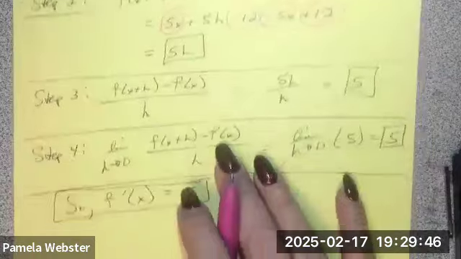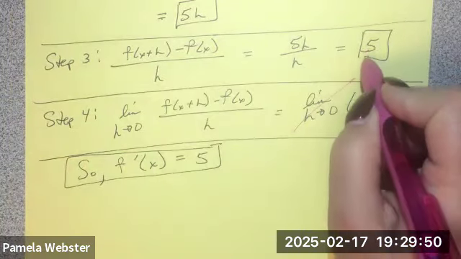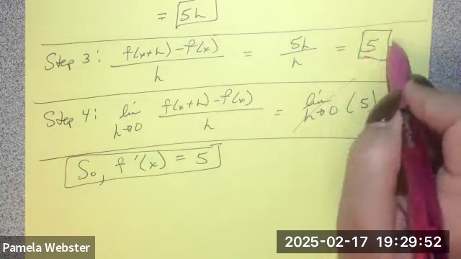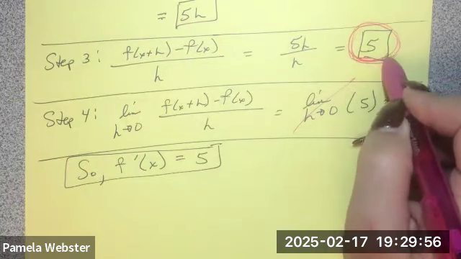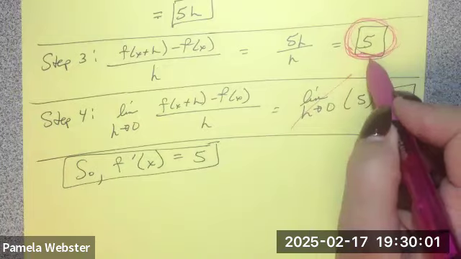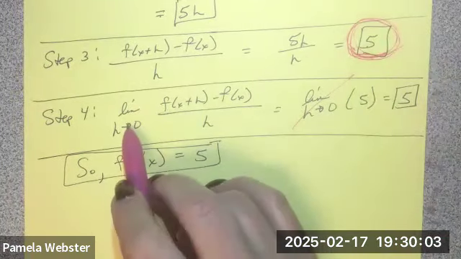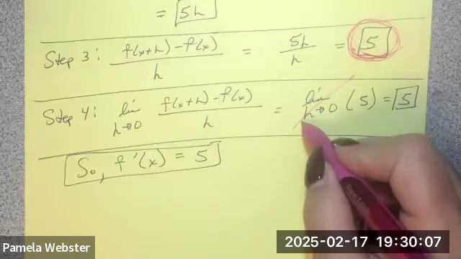Step 3, divide by h. I just get a 5. And actually, because there are no h's left now, this is an unusual one. It's because I started with a linear equation. Because there's no h's left, I could stop there, but technically there's the step 4, which is take the limit as h goes to 0.